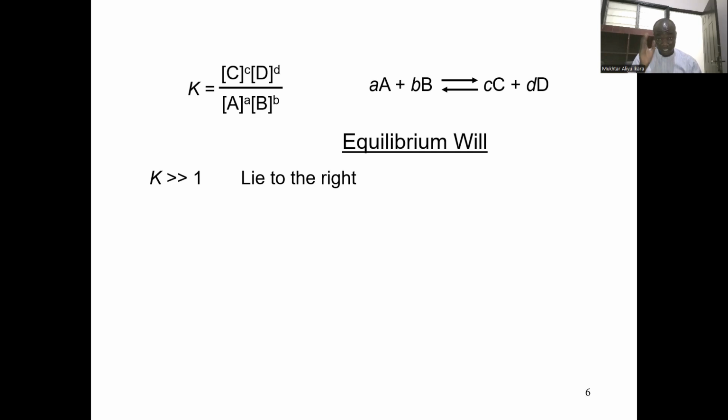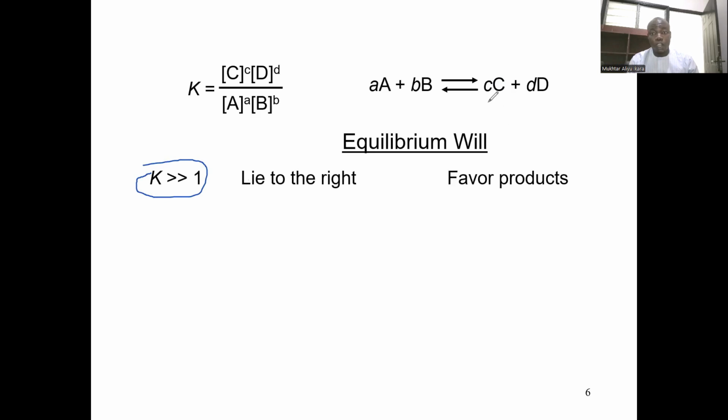So the equilibrium will shift or lie to the right, and it will favor product formation. So whenever the equilibrium constant Kc is greater than 1, the reaction will lie to the right.